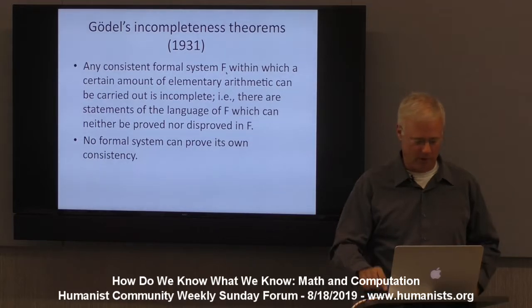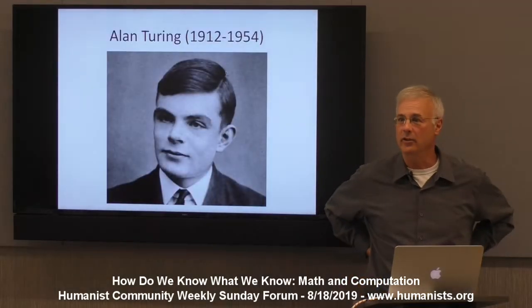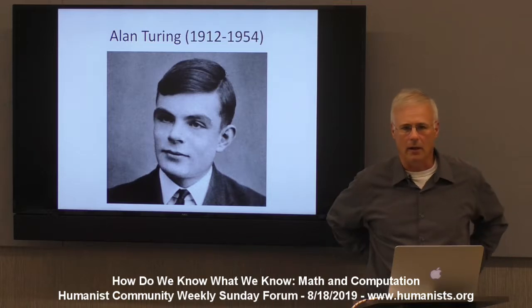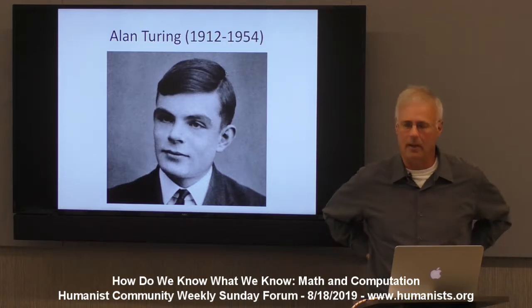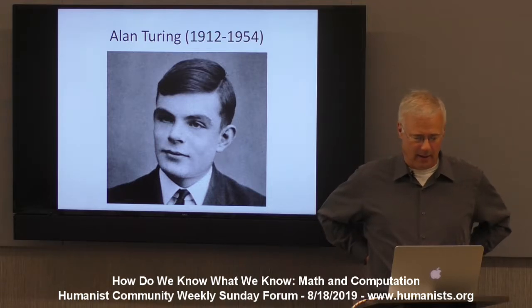What I am going to mention, though, is getting back to the history of computers. 5 years after Gödel, the next important development was made by this gentleman, Alan Turing. Alan Turing was a cryptographer.